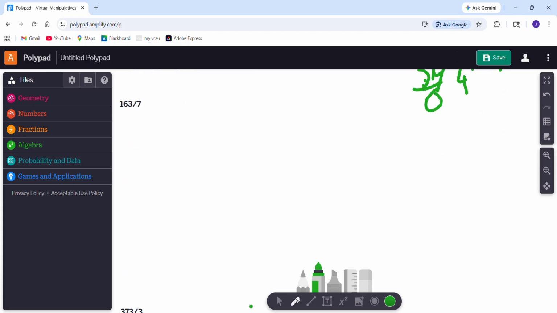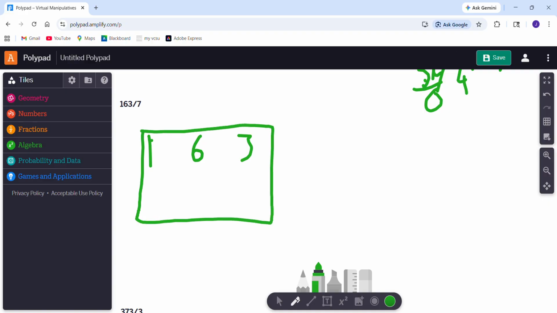For the block method, we're going to go 1, 6, 3. Box them up, divide them. Put the 7 over here. 7 goes into 1 0 times. 1 minus 0 is 1.